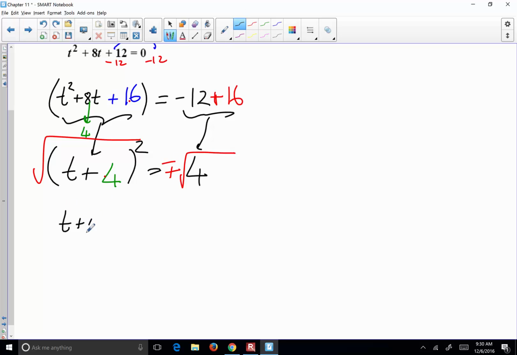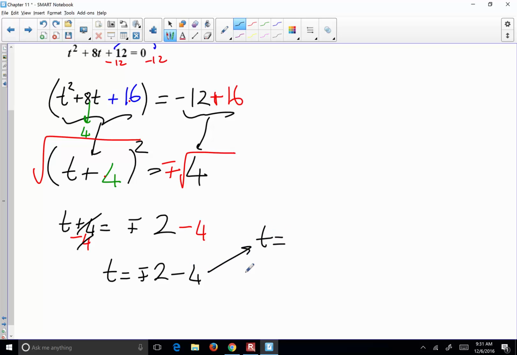So t plus 4 equals plus or minus the square root of 4. Can we take that out? It's 2 squared, 2, right? And subtract 4. And we get plus or minus 2 minus 4. Well, you can compute this in 2 steps.